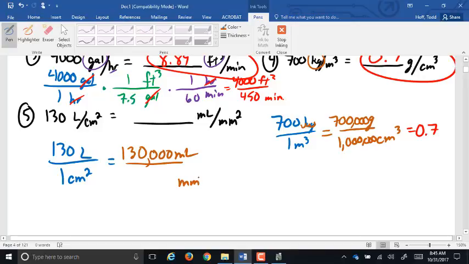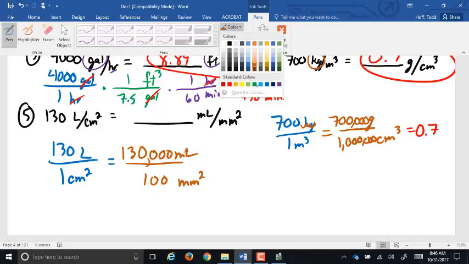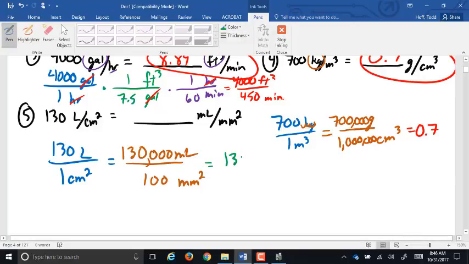Centimeters squared are becoming millimeters squared. Centimeters to millimeters is 1 spot to the right. Because it's squared, the decimal point goes 2. It doubles that. That's 100. We divide that out. That is 1,300 milliliters per millimeter squared.